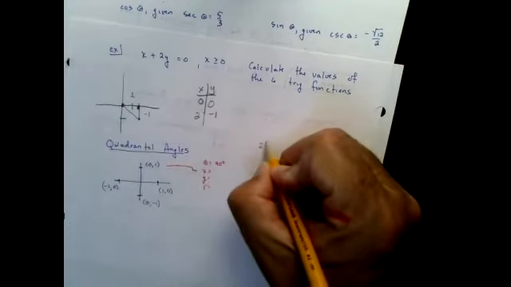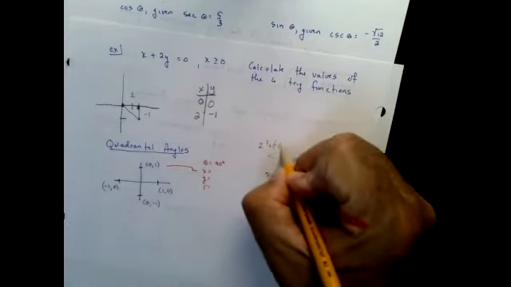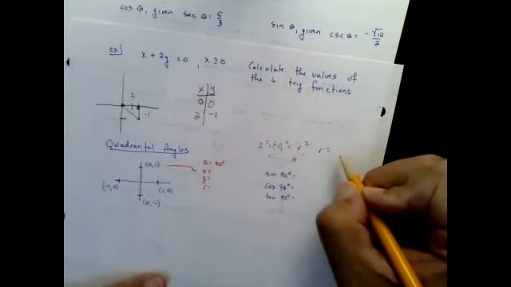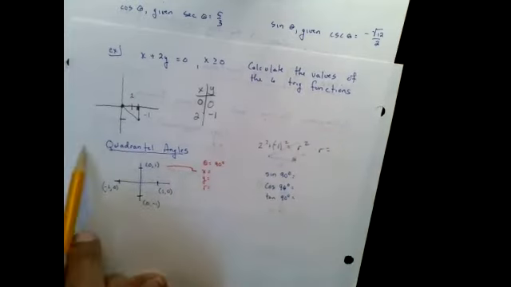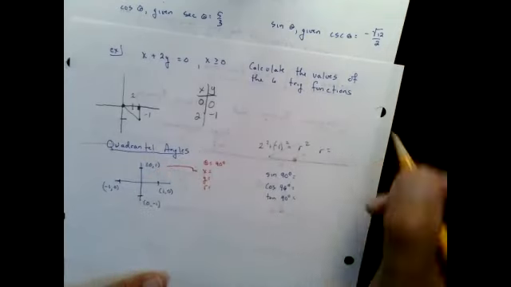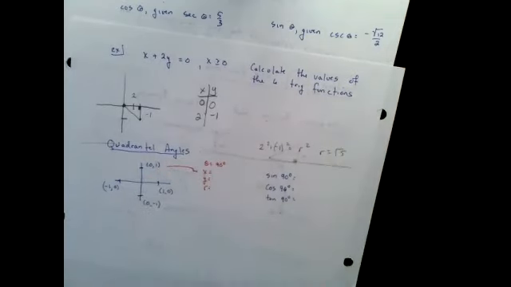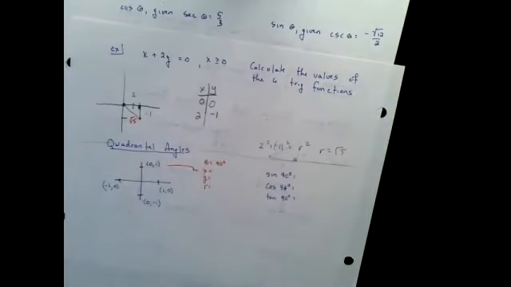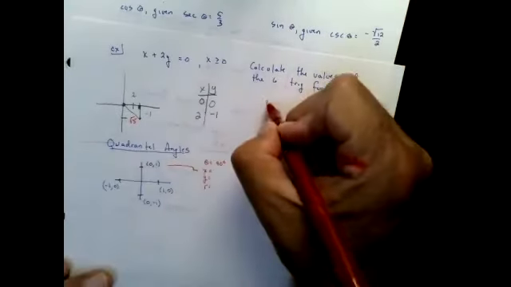2 squared plus -1 squared equals r squared. r equals? Square root of 5. So now that I know that's the square root of 5, I'm going to be able to find the sine.